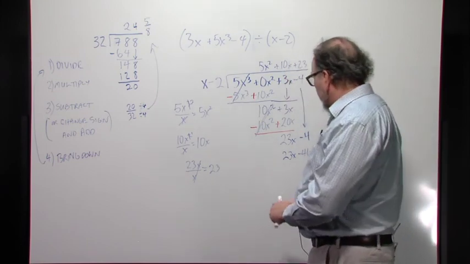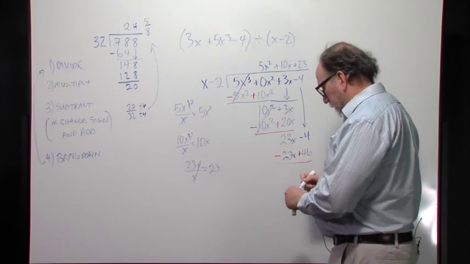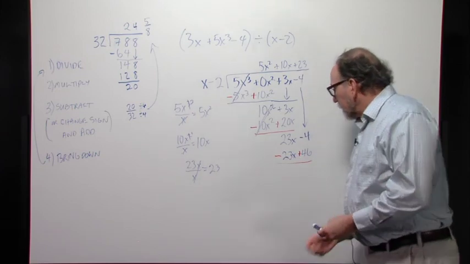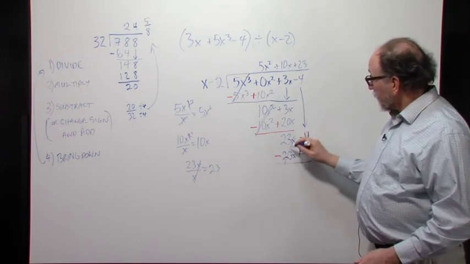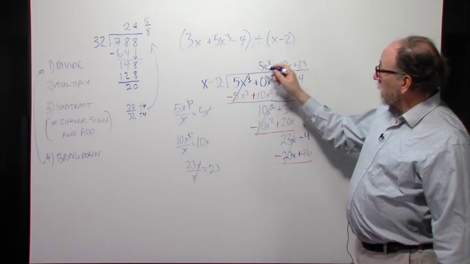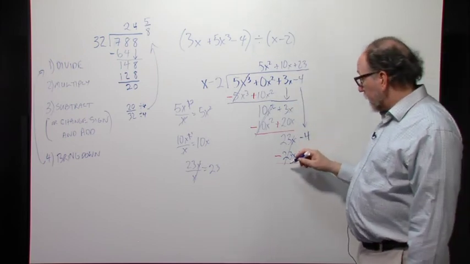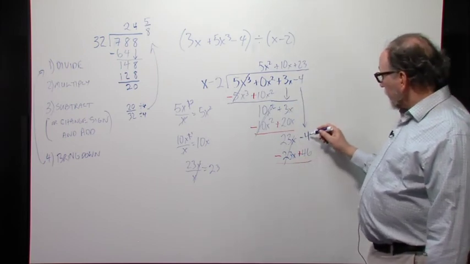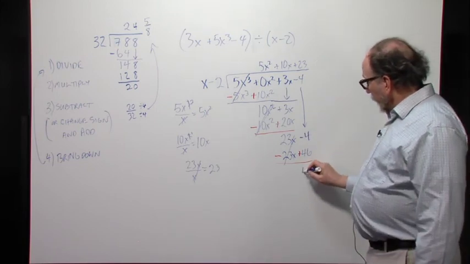And again, we change the signs and add those together. 23x and negative 23x, again, add to 0. That should always happen. If it doesn't, you did one of these divisions or multiplications incorrectly, and you've got to go back and fix that. This adds to 0, so we don't need to write that. And the remainder here is 42.